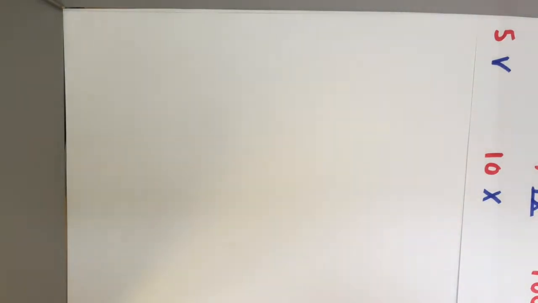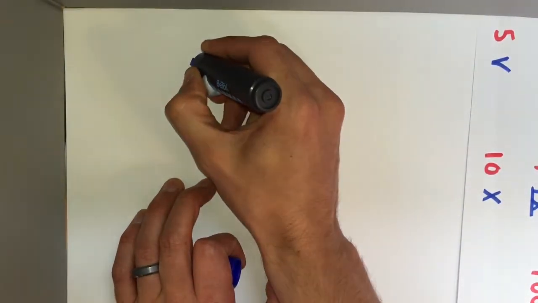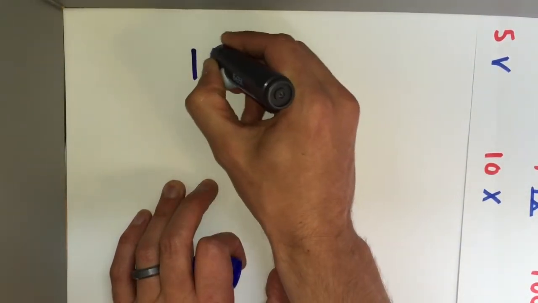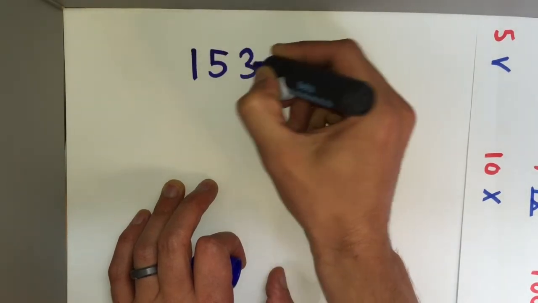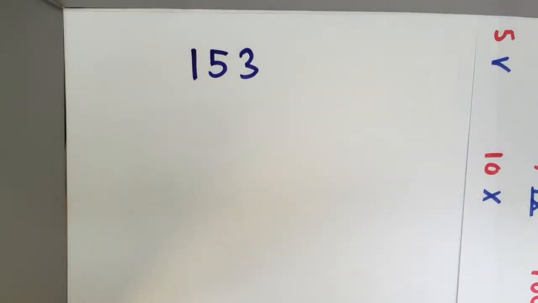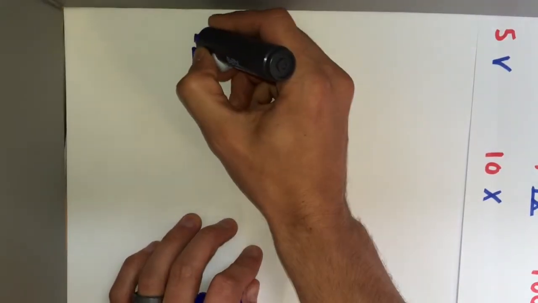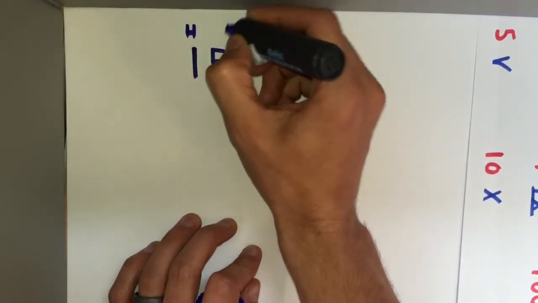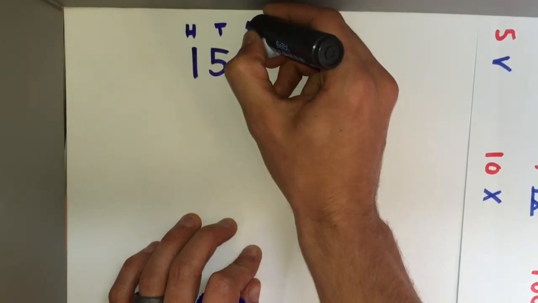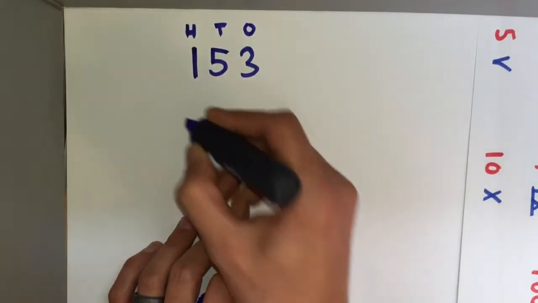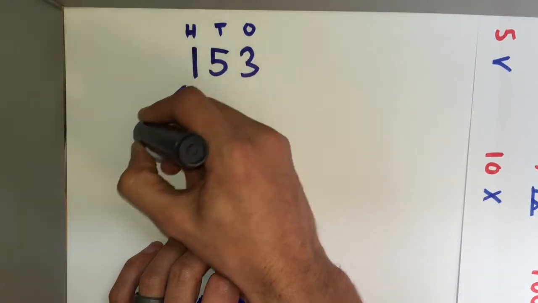So, if I go for the number 153, we know we can partition that down. We know from our place value work that this 1 is in the hundreds column, the 5 is in the tens, and this 3 is in our ones column. So let's partition it down.